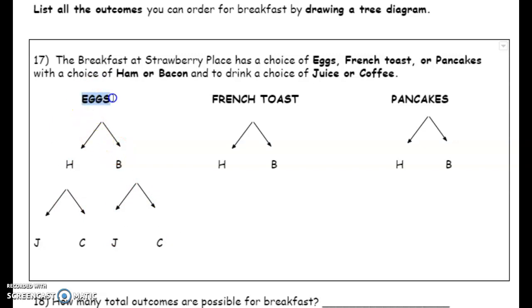With the choice of eggs, we have 2 choices, either ham or bacon. And then after we make that choice, we have 2 other ones to make between juice or coffee. So now our meal has all 3: eggs, ham, juice, or eggs, ham, coffee, or eggs, bacon, coffee, eggs, bacon, juice. These are different types of combinations.